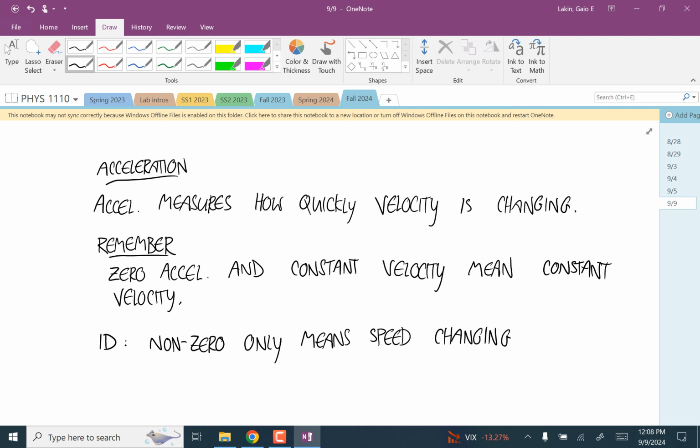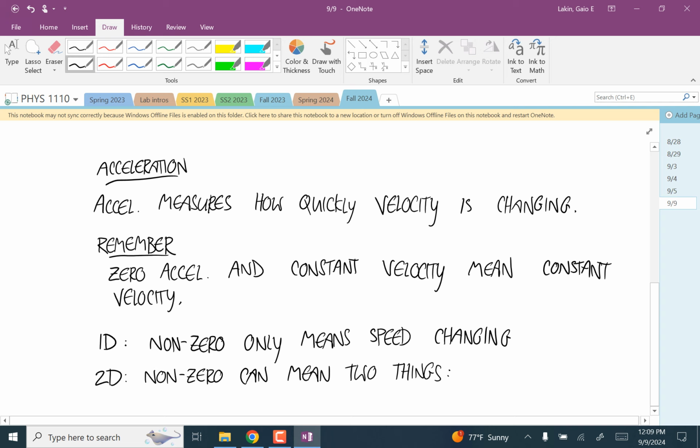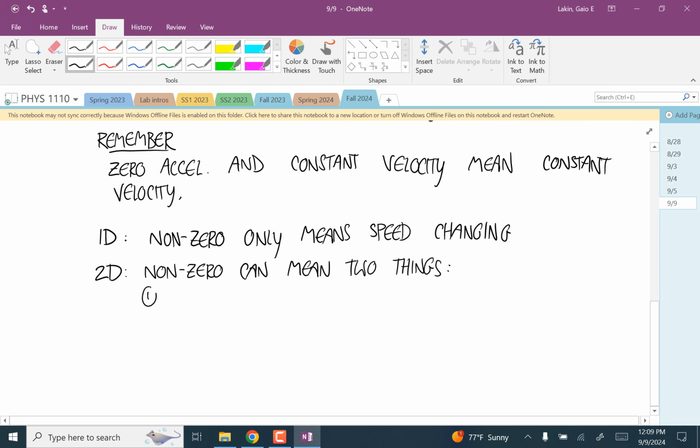But in 2D, there's a new thing that doesn't exist in 1D. In 2D, we'll get to it eventually, a non-zero acceleration can mean two things. It still can mean the speed is changing. But it also can mean that the object is turning.